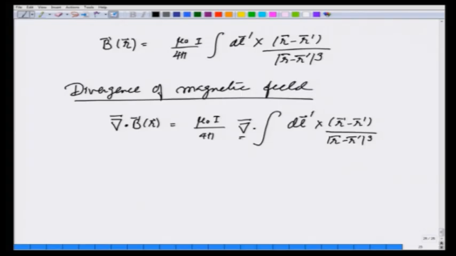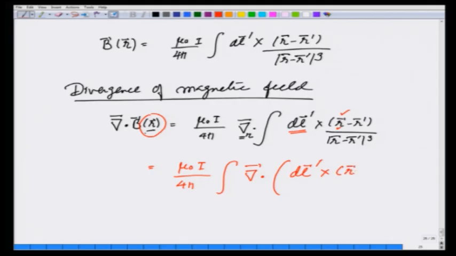Notice this is divergence with respect to r, because this is divergence with respect to the r out here, which is where the field is being determined. So, this is with respect to r. Integration is with respect to the prime quantity. So, I can actually take it inside and write this as mu 0 I over 4 pi integration of divergence of this vector product dL' cross (r minus r') over |r minus r'| cubed.